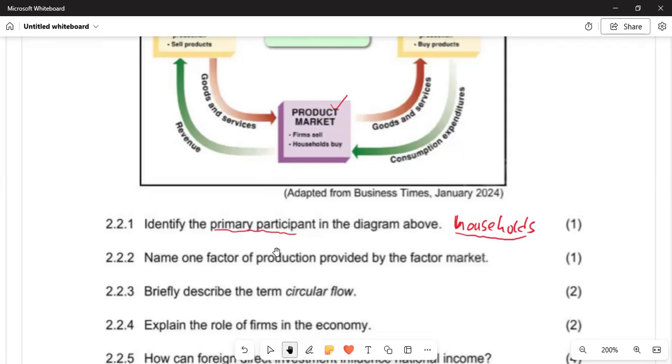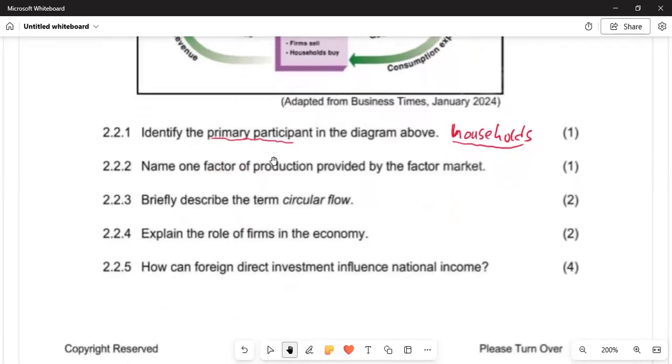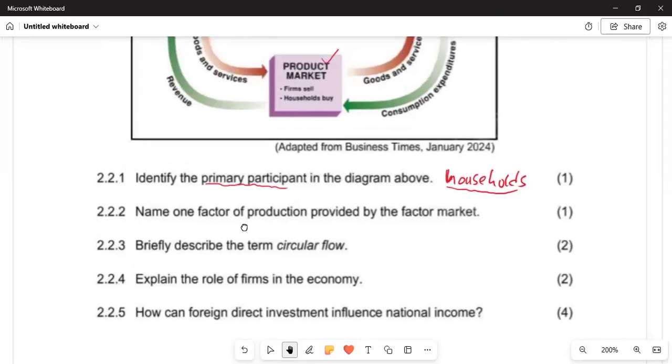Now we are moving on. Name one factor of production provided by the factor market. So we are to name one factor of production provided by the factor market.